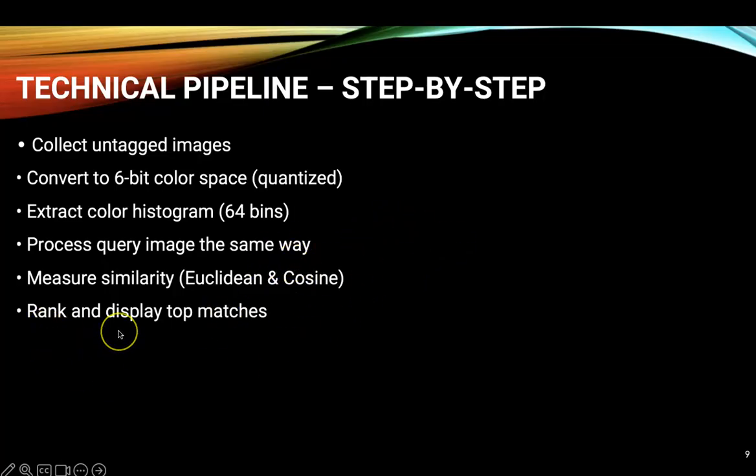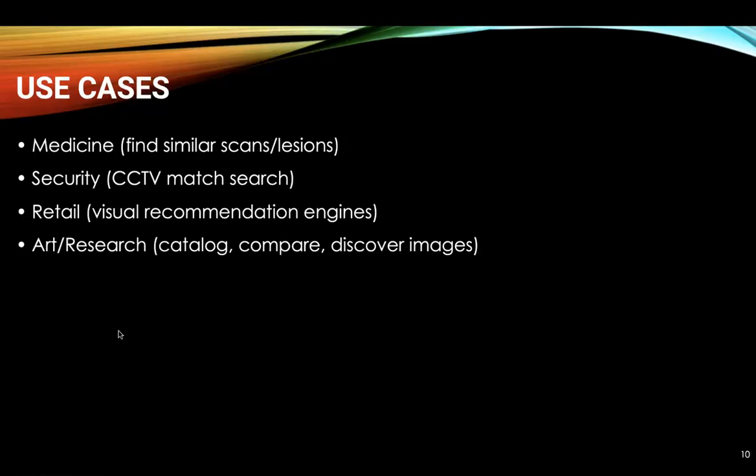And then we rank them and display the top matches. As I said, the use cases here are very much in medical labs and medical data, to identify similar scans and similar cases in different diagnosis work.